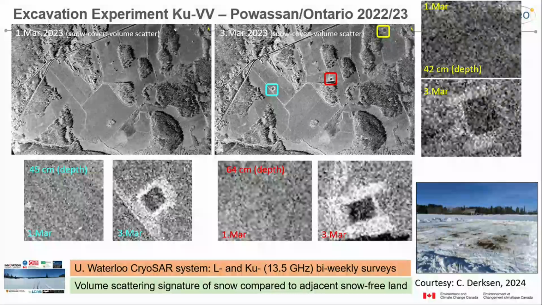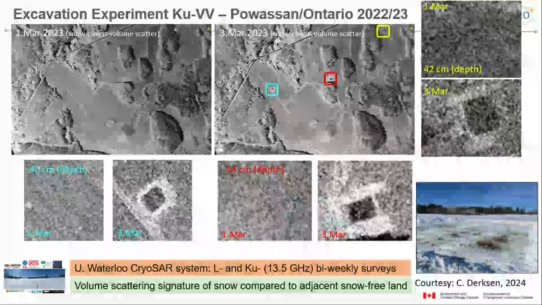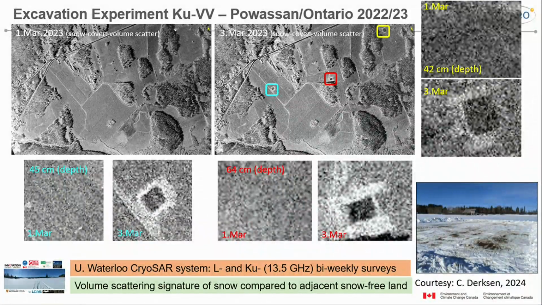But research continued. Especially the Canadians set up in the SnowEx campaigns a couple of measurements also with Ku-band. And we were primarily interested in this interaction of the microwaves with the snow volume, so with the grains, because this was not, or is still not, fully explored.